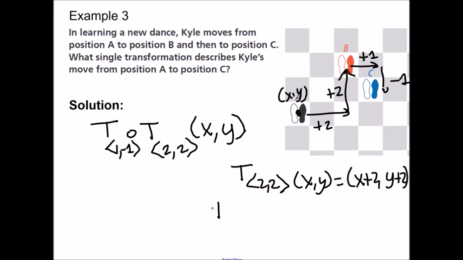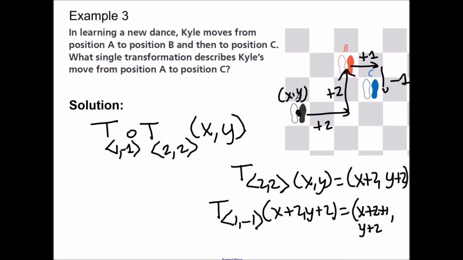And so if I were to do 1, -1 of that coordinate, which is x + 2, y + 2, then I have to add 1 to the x coordinate and subtract 1 from the y coordinate. So I have to do x + 2 + 1, and then y + 2 - 1. And so we have x + 3 and then y + 1 for my coordinates.